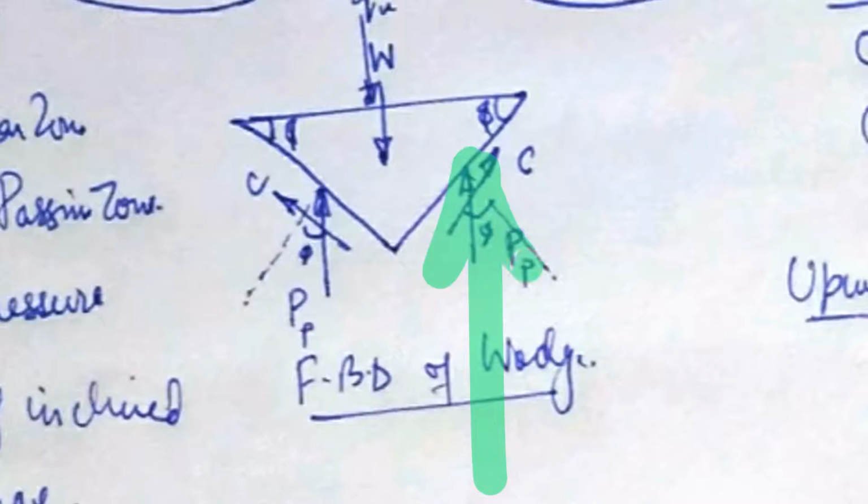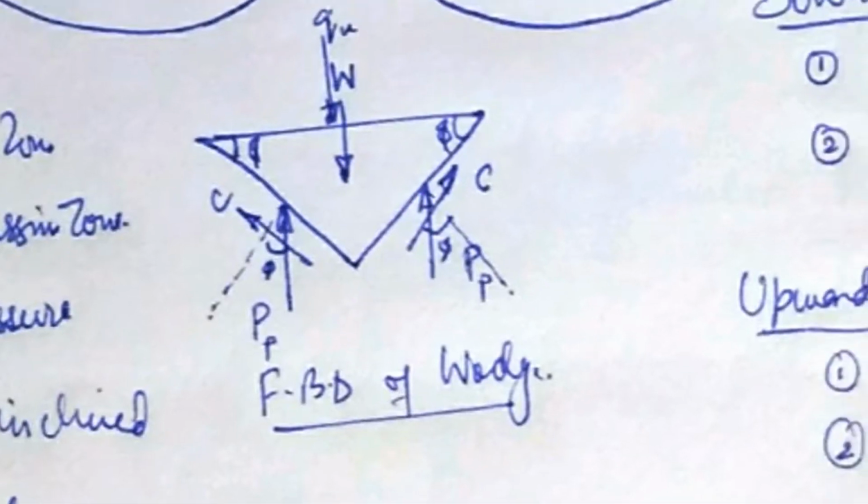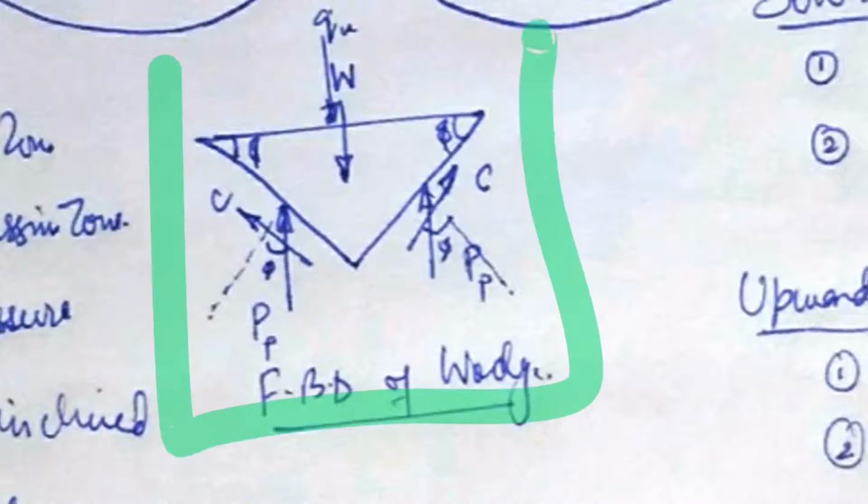A passive pressure is acting here as well. And these are the cohesive forces, because we are taking it as a normal c-phi soil. This is the free body diagram of your wedge.